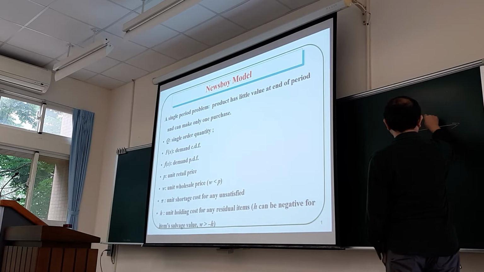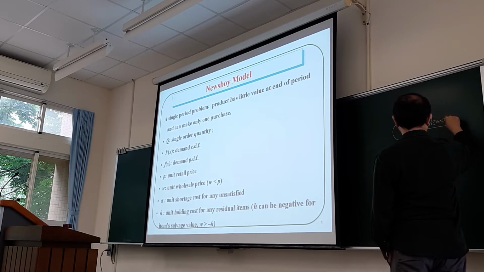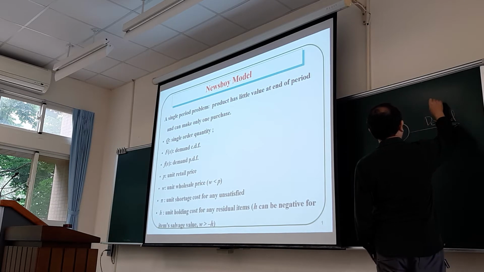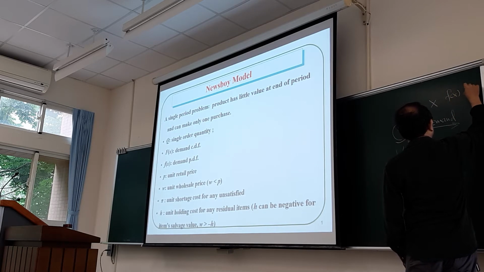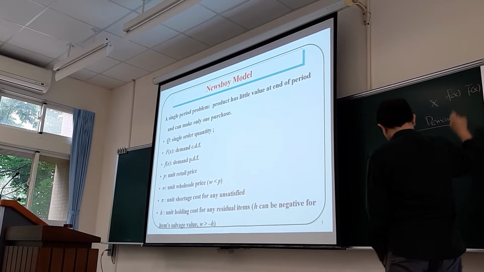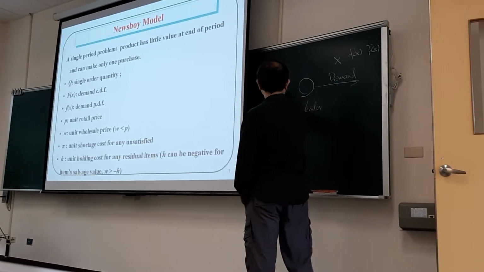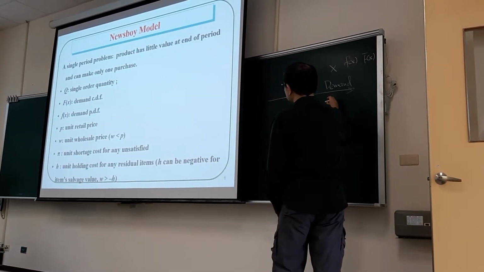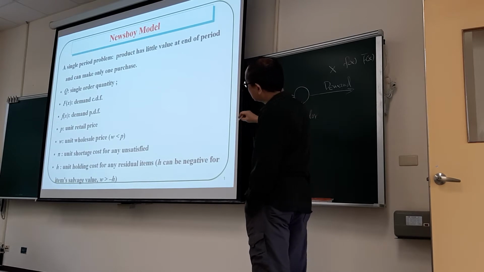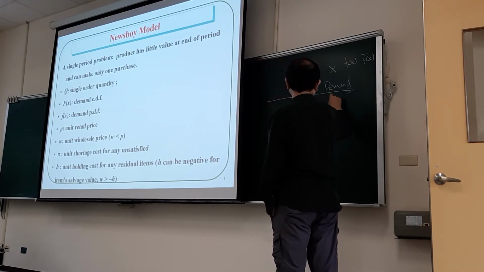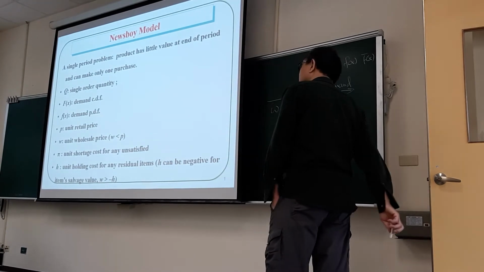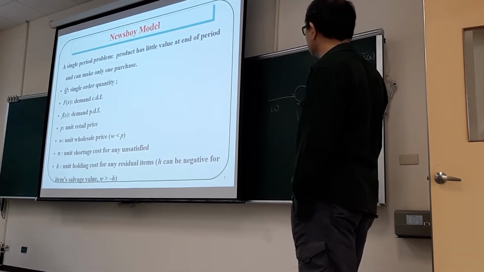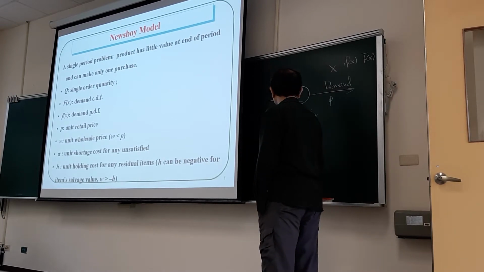We have demand. It's a random variable x described by a cumulative function and a density function. So the selling price is p. And the wholesale price is for buying things from an upstream supplier. Okay.